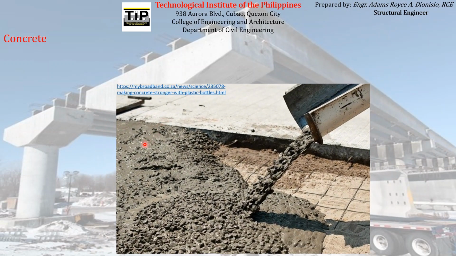So I suppose at this level, all of you are fourth year or fifth year already, and I suppose you are already acquainted with concrete, one of the most commonly used materials in the construction industry. So concrete looks like this. From your construction materials and testing course, I know you have studied that concrete is composed of first cement, second water, third coarse aggregates, which are usually gravel, and the last one, fine aggregates, which are usually sand.